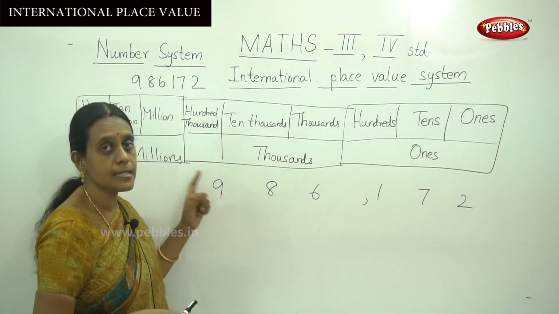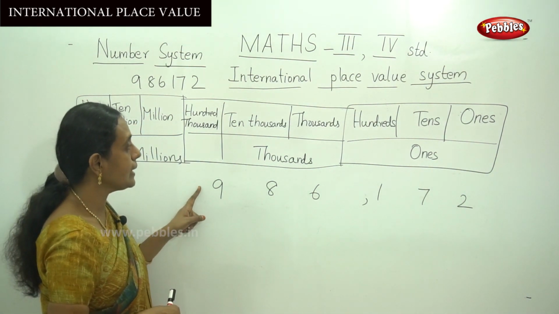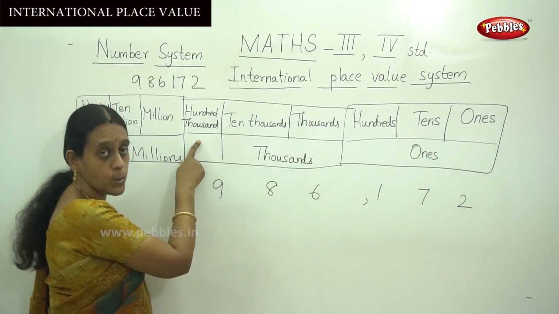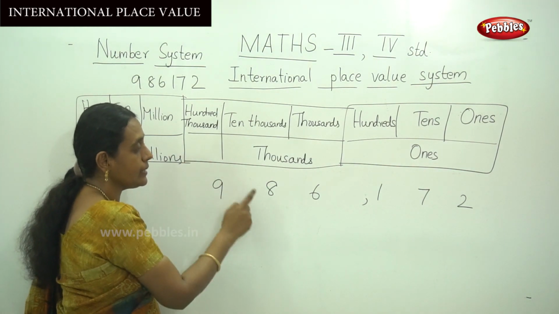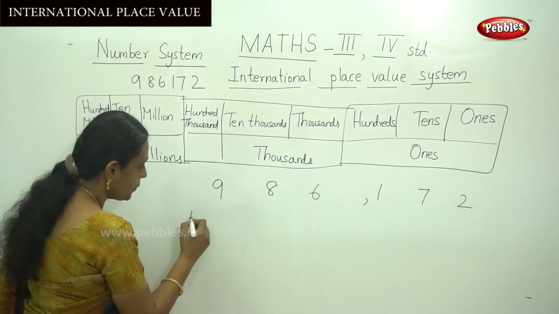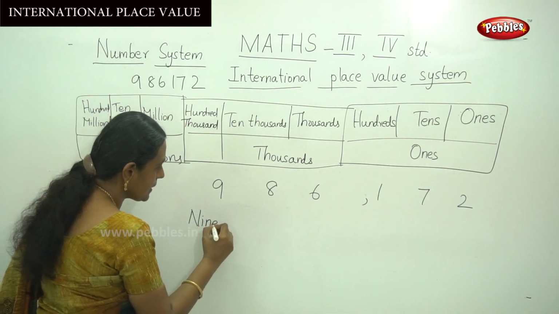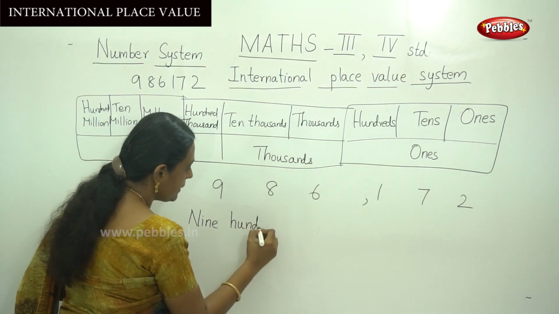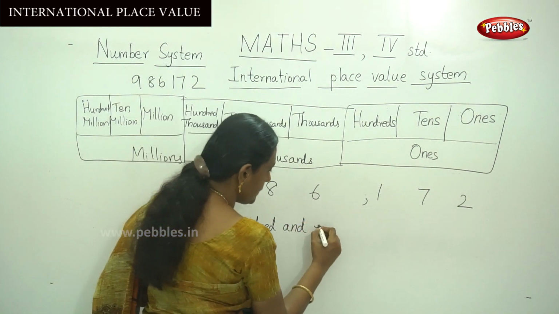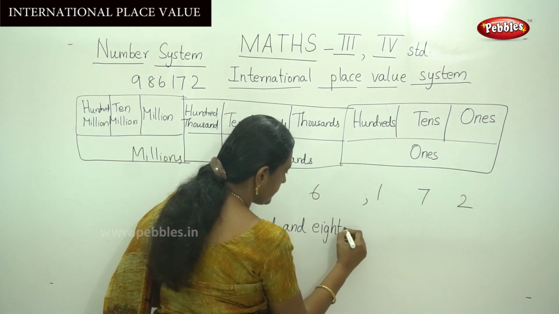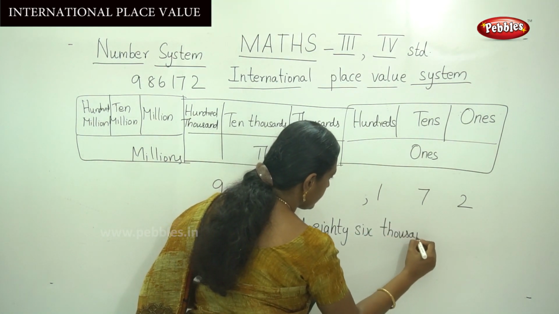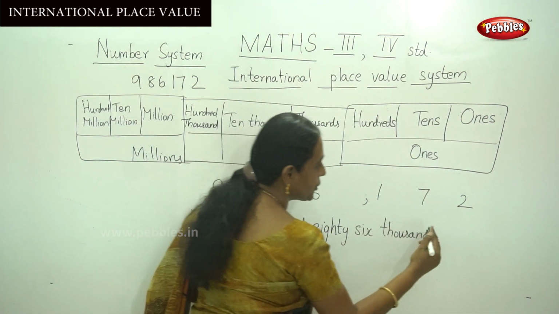Now you have to read this number, that is 986,000, because this is 100,000. So 986,172. Okay, how to write the number name? That is 986,000, 172.